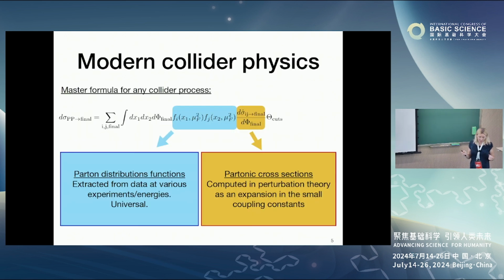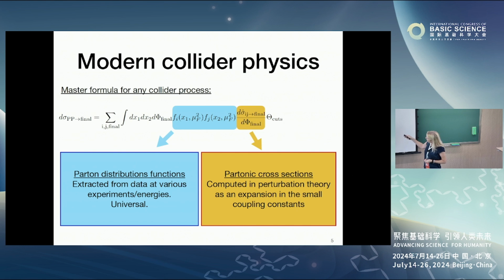It's relevant because any precision calculation we do for collider processes today relies on this essentially master formula. This master formula tells you that any cross-section that you can measure at colliders can always be written in this form, where you have a partonic cross-section that typically involves elementary particles, quarks and gluons or photons.